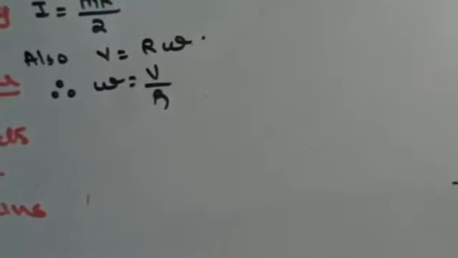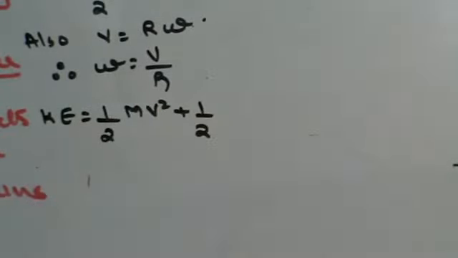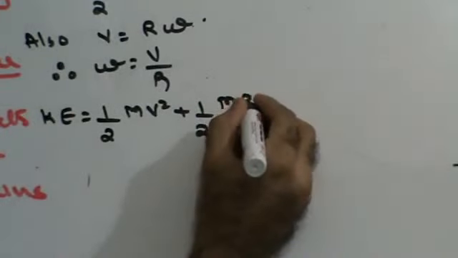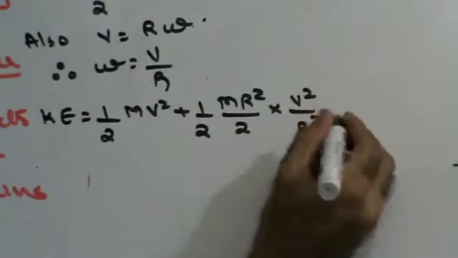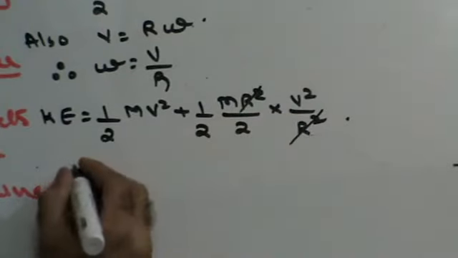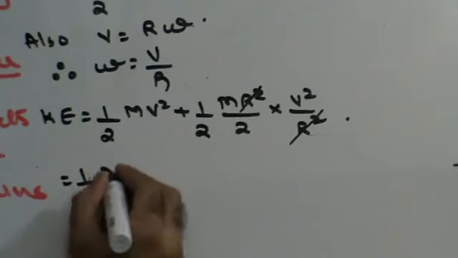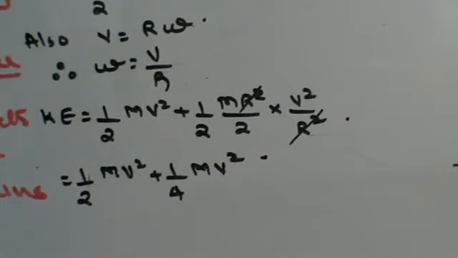If I substitute this, total kinetic energy is half mv square plus half into mr square by 2 into v square by r square, because that's omega square. So r square and r square get cancelled. This is 1 upon 2 mv square plus 1 upon 4 mv square. Taking mv square common, this is 2 plus 1, 3 upon 4 mv square.